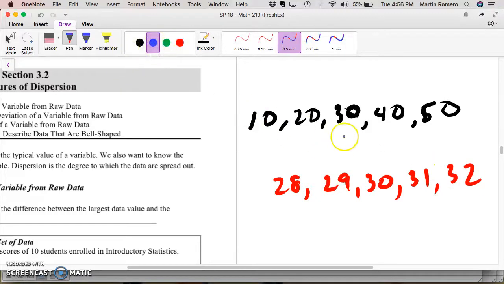And then if I ask you the question, what's the average for this one here? We would say the average is 30. And on this one here, if I say what's the average here, we would say the average is 30. It's the value right in the middle.